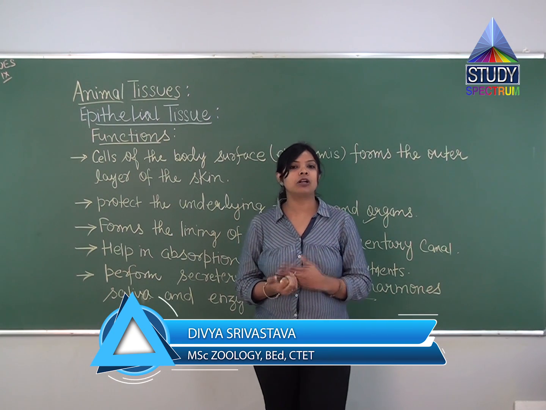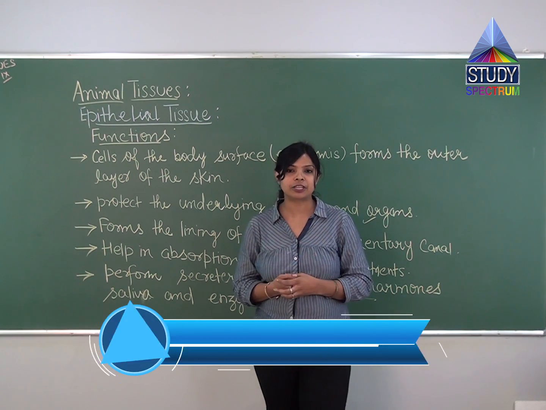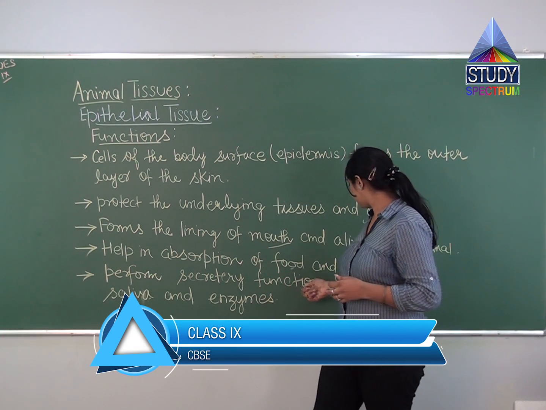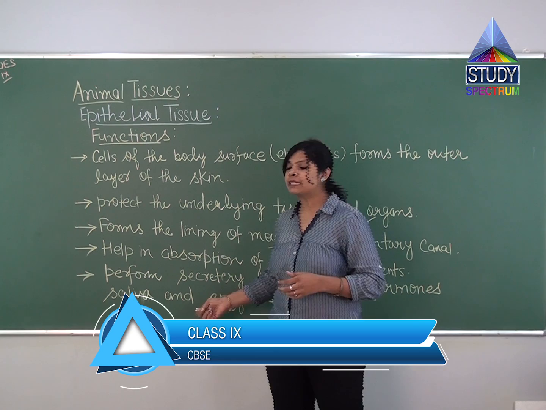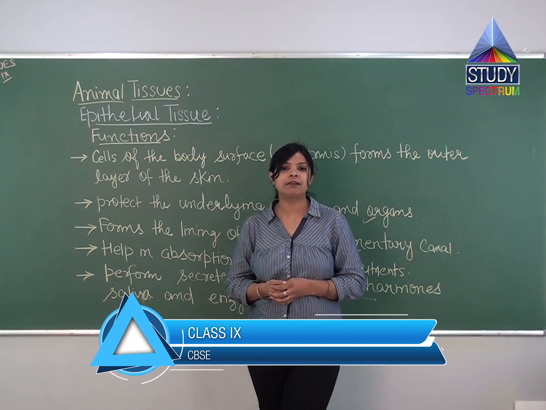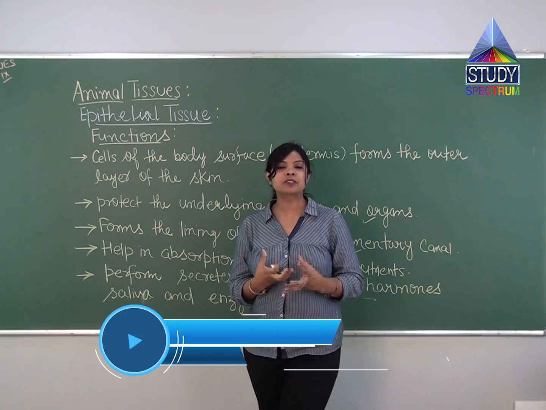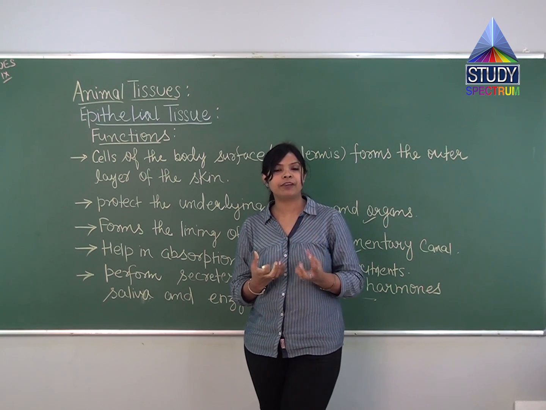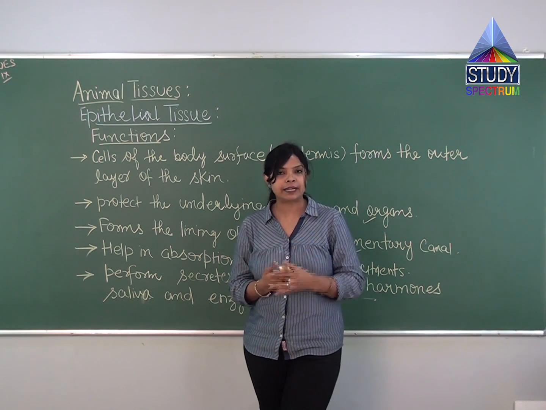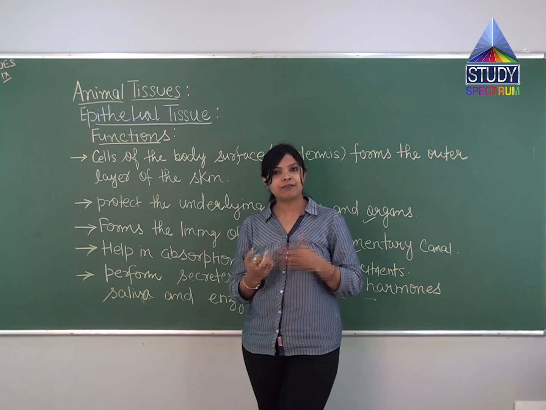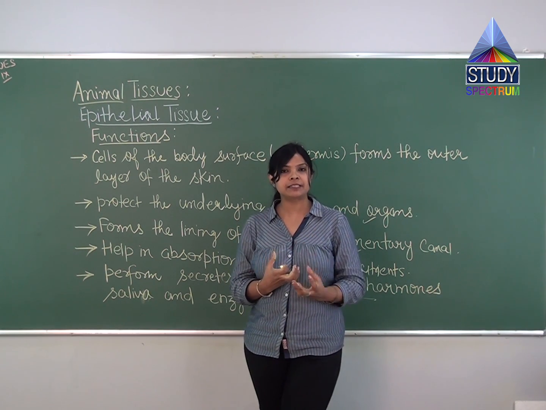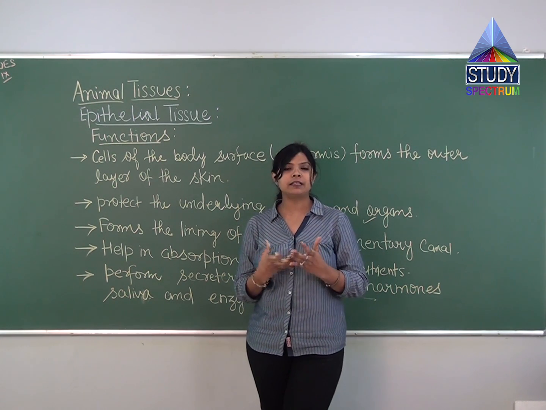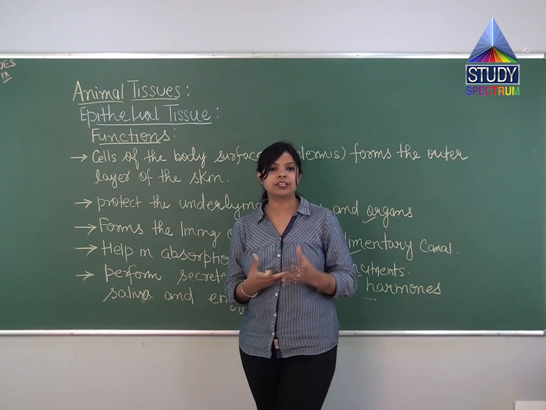So these tissues also help as a secretory function. They also secrete saliva. What is the role of saliva? Saliva helps to make the food softer. When we take food inside our mouth, saliva acts on it and changes the carbohydrate into simpler sugar. So they also help in secretion.